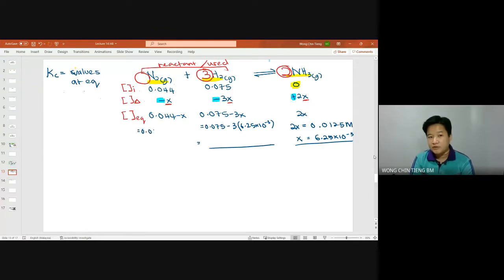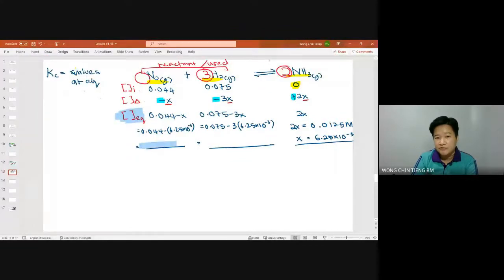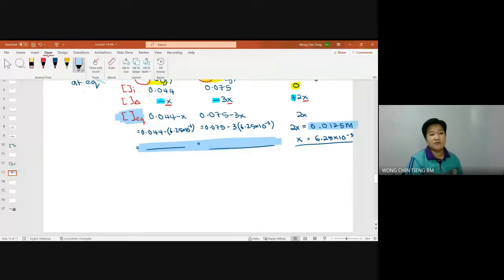Equals to 0.044 minus 6.25 times 10 to the power of -3. Kira terus daripada ICE table. Okay. So that value that you calculated, guys, is the concentration at equilibrium. Sama juga over here 2x, that is the concentration at equilibrium. Kalau student saya jawab subjektif dulu, I will ask them to use their highlighter.